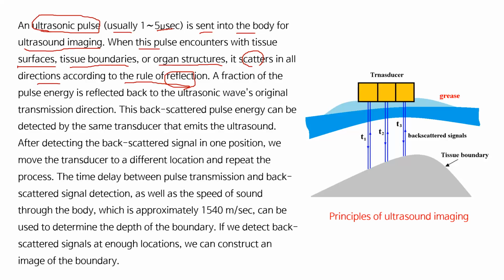A fraction of the pulse energy is reflected back to the ultrasonic wave's original transmission direction. If the ultrasound meets the tissue boundary, then ultrasonic waves are reflected in all directions, and some of them are reflected back.